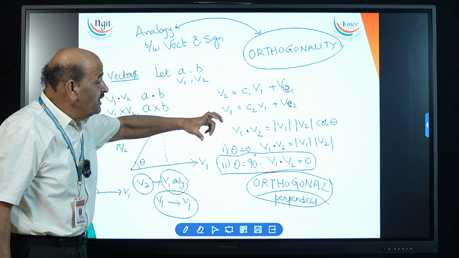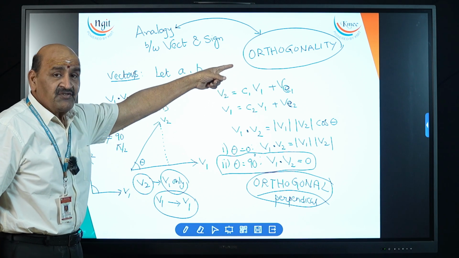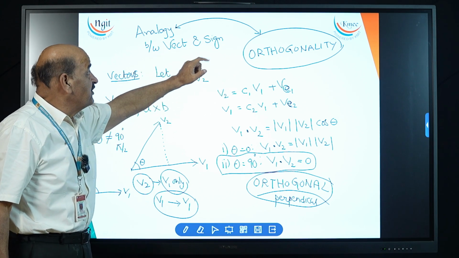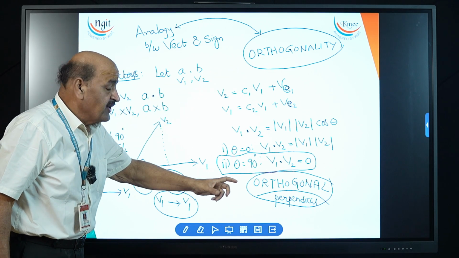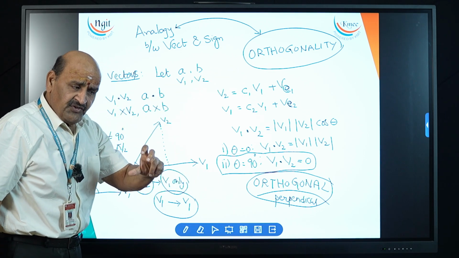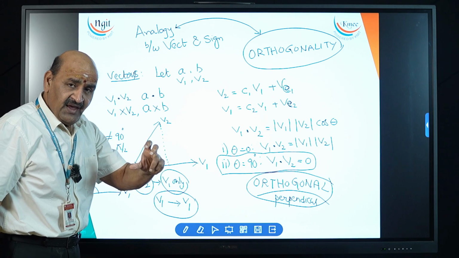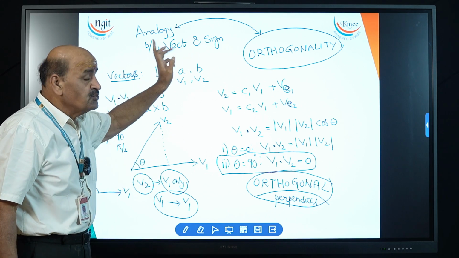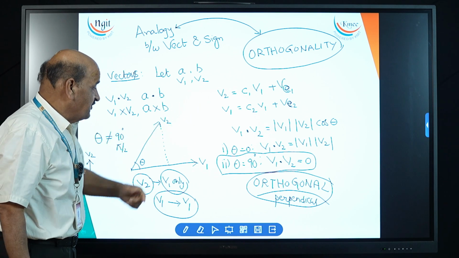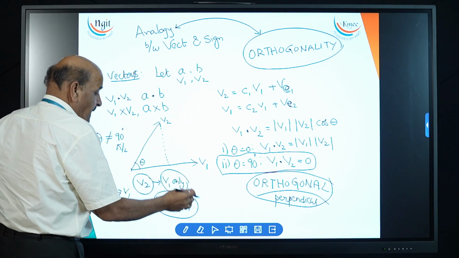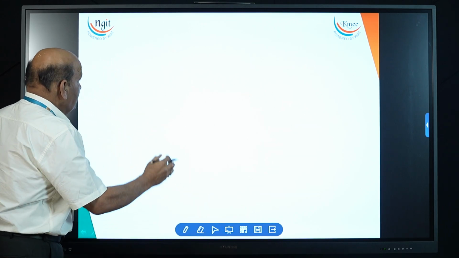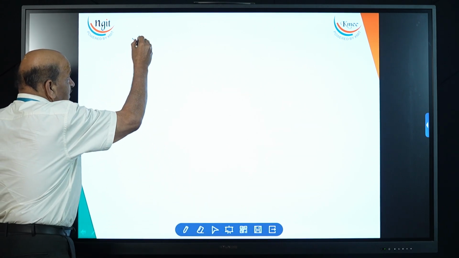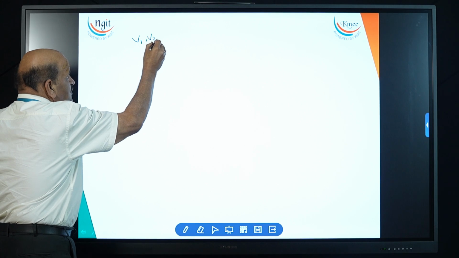I am giving you in advance the name of the analogy between vectors and signals, that is called orthogonality. Now, how does this orthogonality principle have the same mechanism between these two domains? Just look at, in the previous case we assumed V1 and V2 are two vectors.